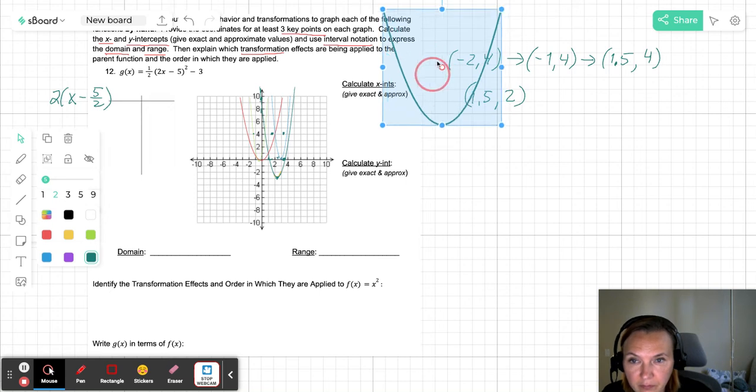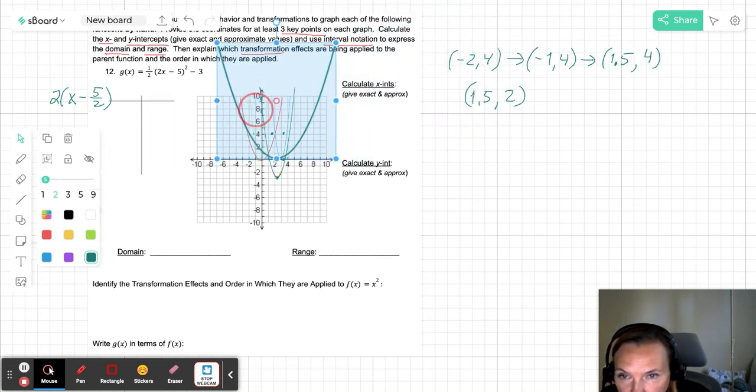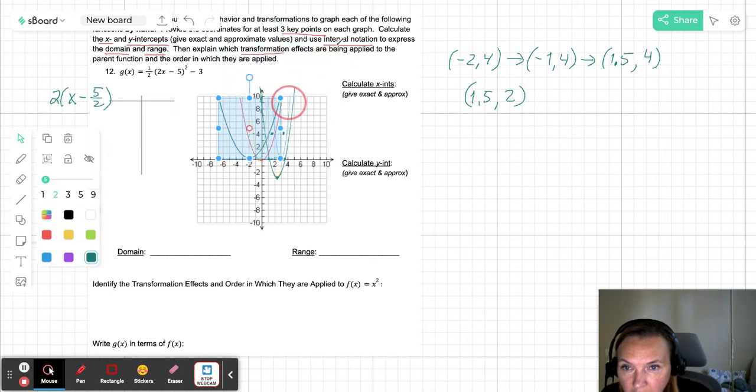So it should be at 1.5 comma 2, and the vertex is at 2.5, right? So that's the point that I'm talking about, 1.5 comma 2.